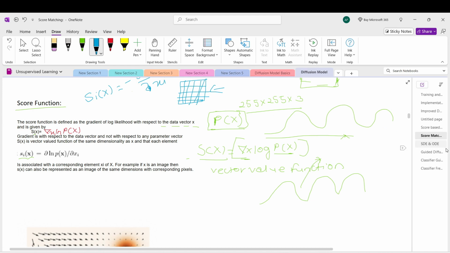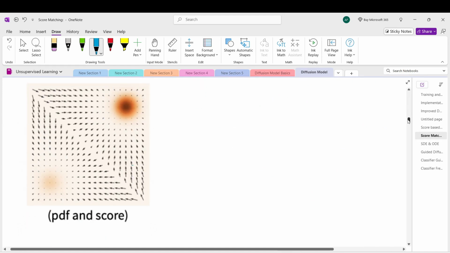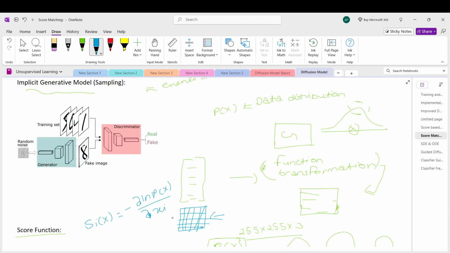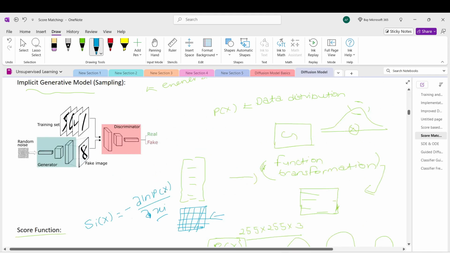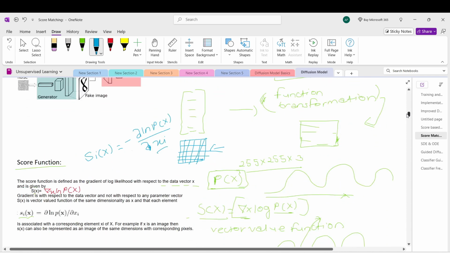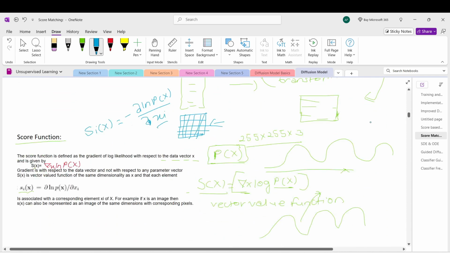So we will differentiate ln p of x with respect to each element x of i, the particular pixel, you can just consider it. This is the score, and each element is associated with the corresponding element of x.